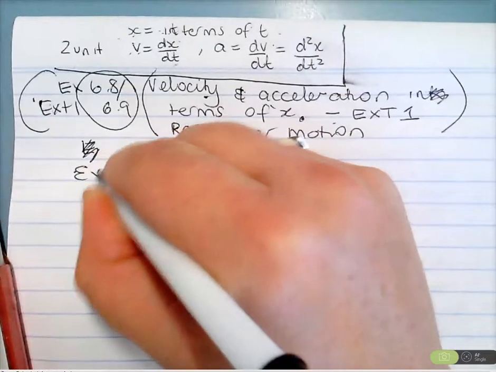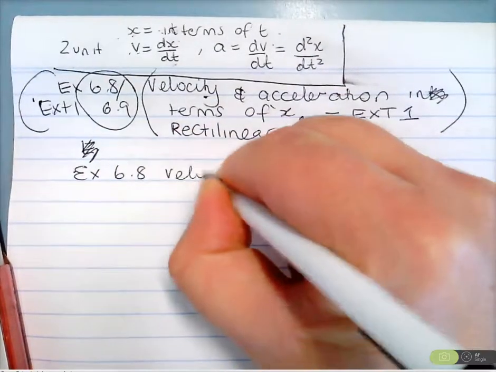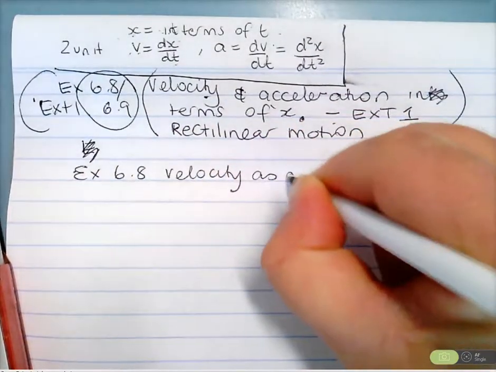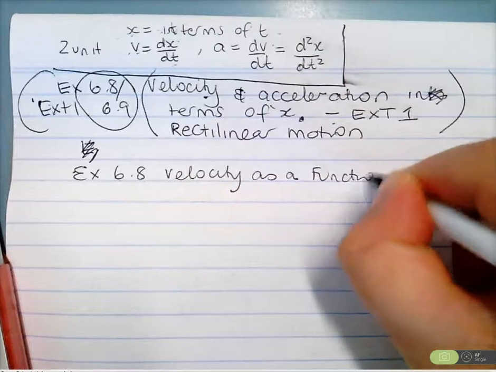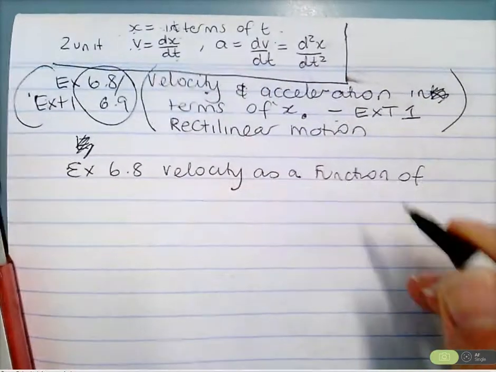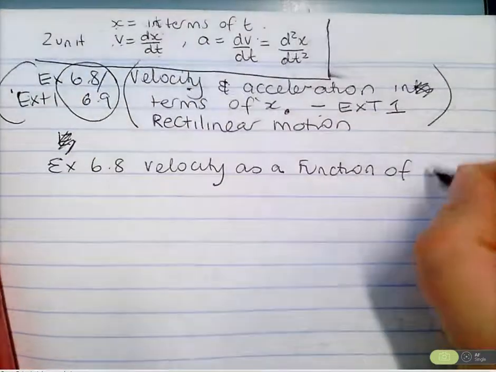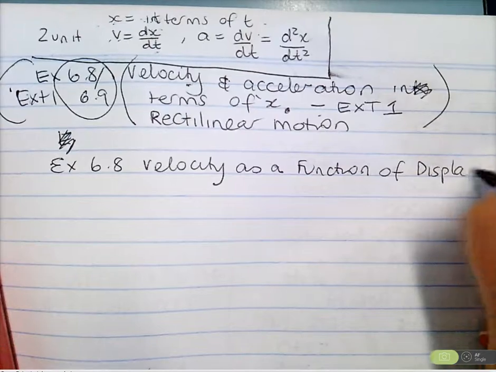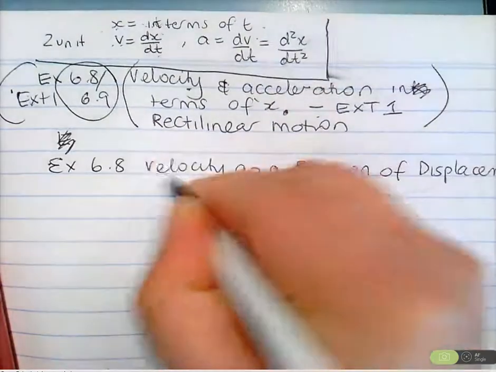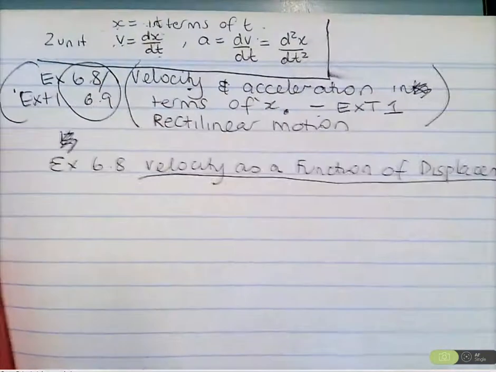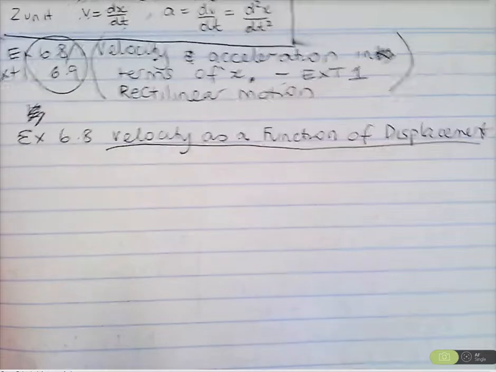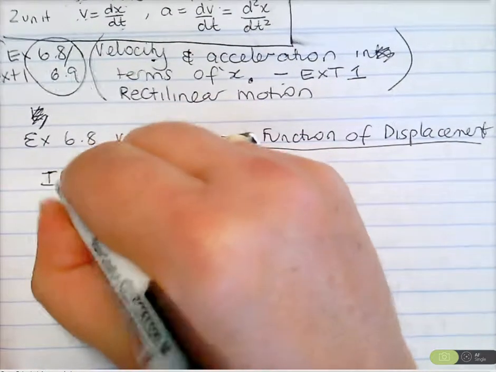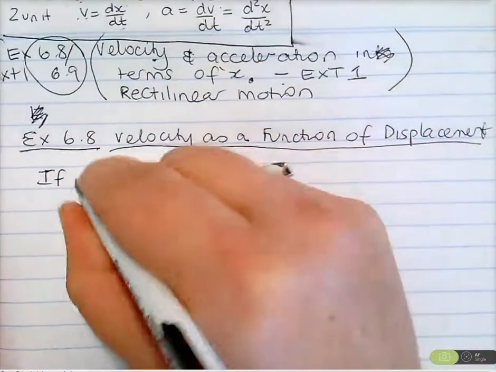So exercise 6.8 again, velocity as a function of displacement. Now in these questions, velocity is a function of displacement, exercise 6.8. Just a little rule.